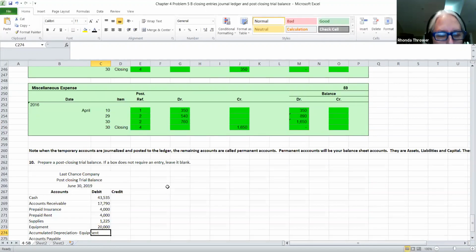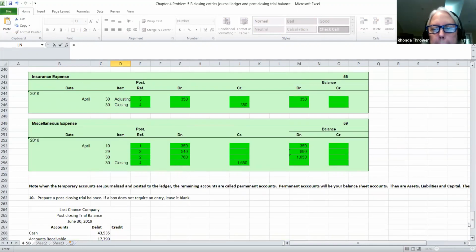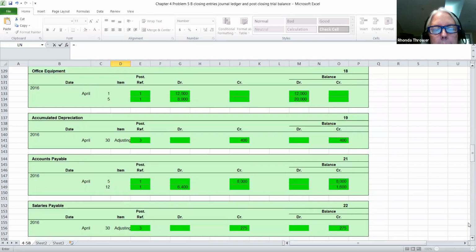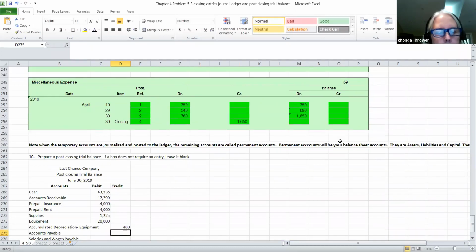The accumulated depreciation will have a credit balance. I'm going to move to my credit column. And you can see in your credit side here, there's the balance, 400.